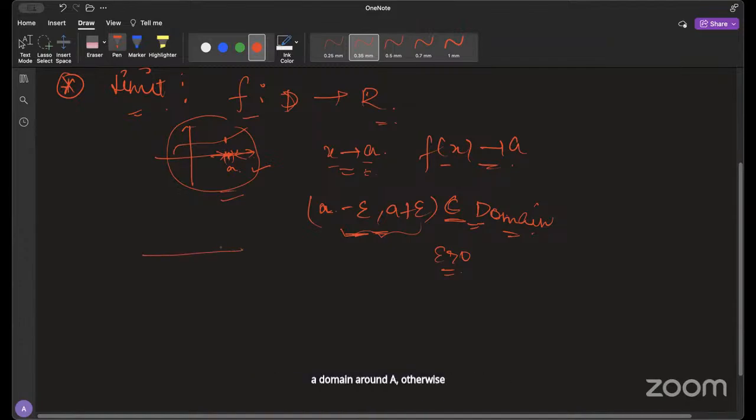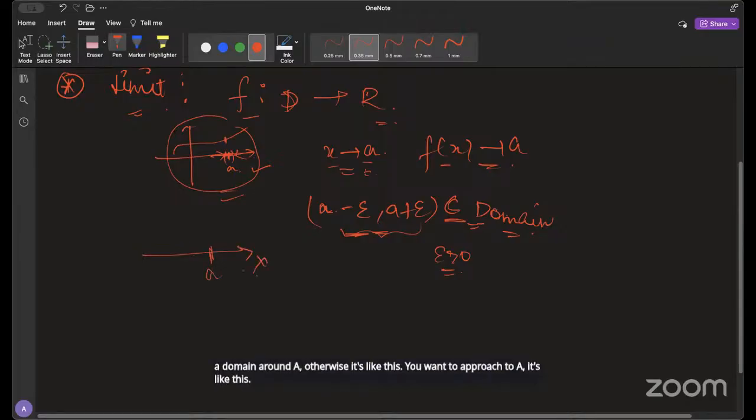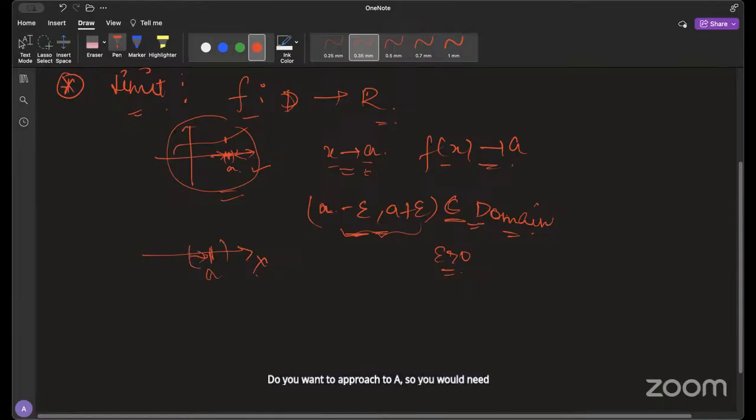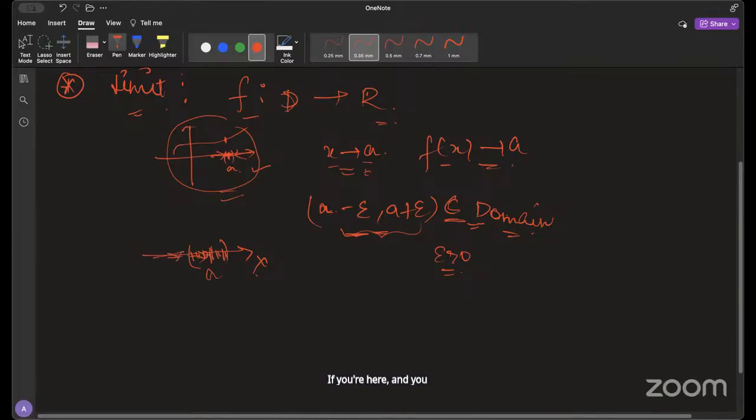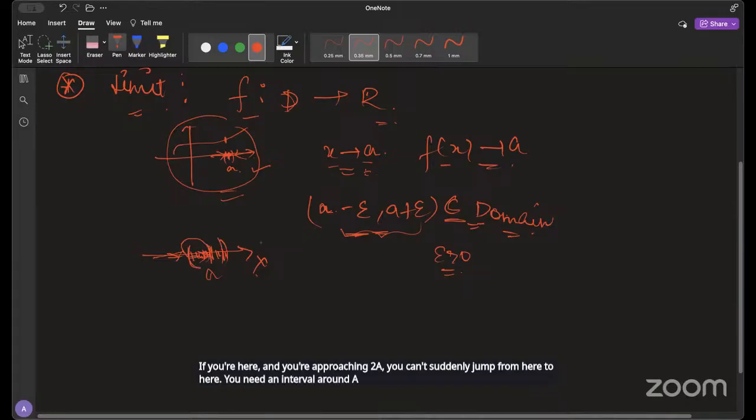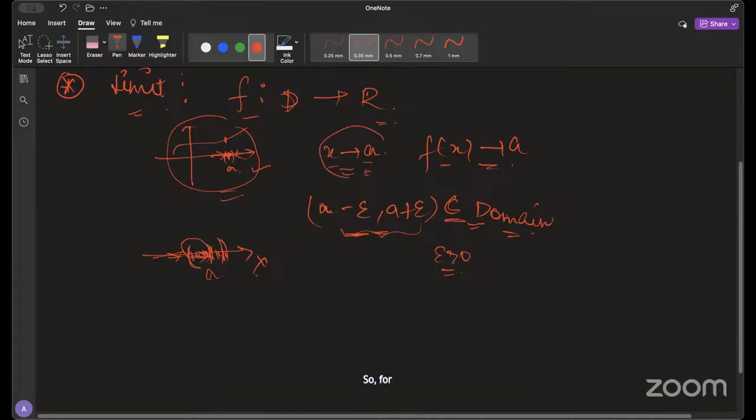A is on the x-axis, so you want to approach a. You would need some interval around it to be in the domain. Otherwise, you can't suddenly jump from here to here. You need an interval around a to tend to a. So for x to approach a, you need an interval around a.